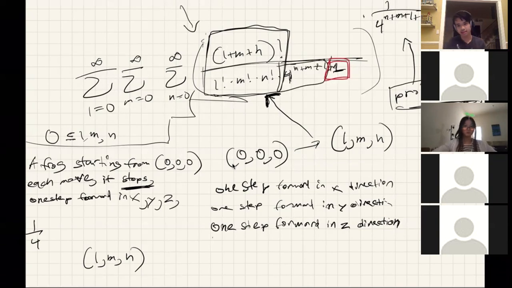So the key to this problem is that the frog, or whatever you want to call it, is going to stop at some point LMN with non-negative integer coordinates, and it's always going to stop there. So we're summing up the probability that it ends up at each point that is possible. So the sum of the probabilities is going to be exactly 1.